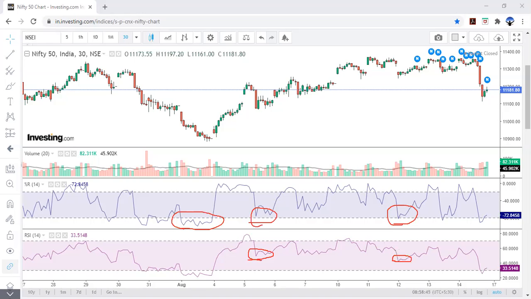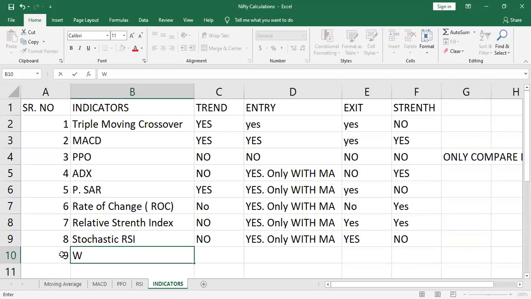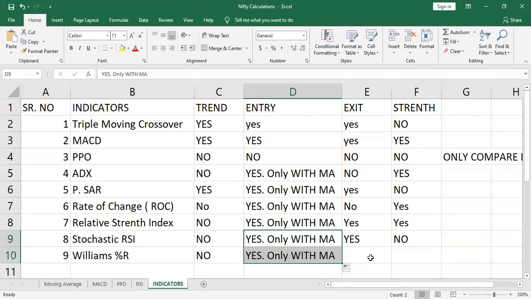Now we are entering in the chart the ninth indicator. Trend, the answer is no. You can take entry, the answer is yes, as with the RSI and others.